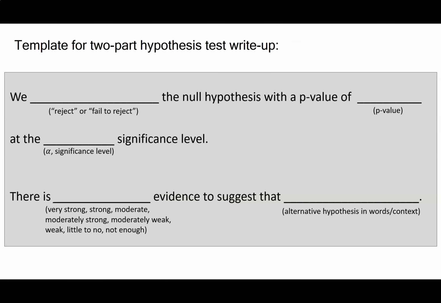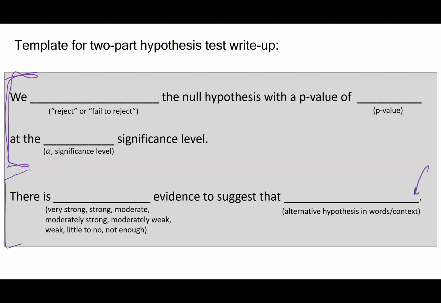Similar to the confidence interval, here's a template for that. 2 parts. This first part tells us whether or not we reject it. It mentions our p-value and our significance level. And then there's a deceptively small blank, it's honestly probably a lot bigger, where you talk about how strong the evidence is to suggest that.